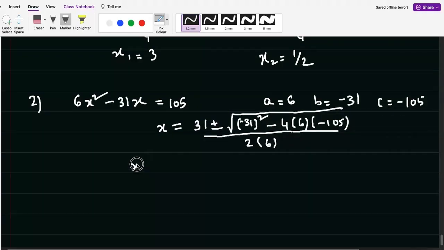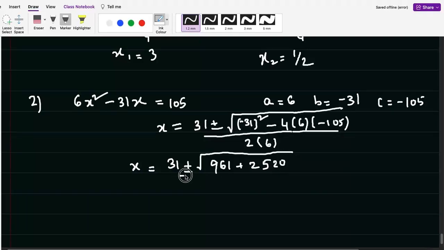So x value is 31 plus or minus under root, what is 31 square? 31 into 31, 961, plus, minus into minus is plus, 4 sixes are 24, 24 into 105, 2520, whole divided by 12.